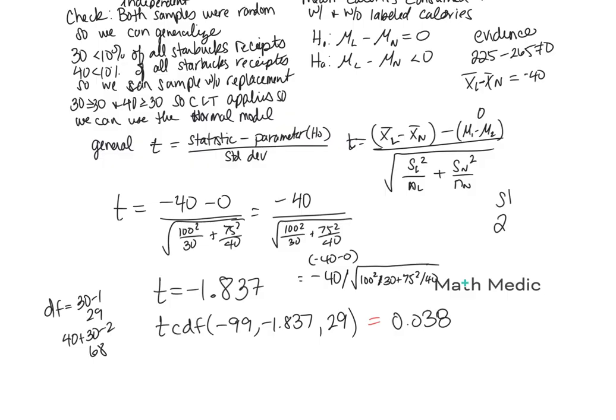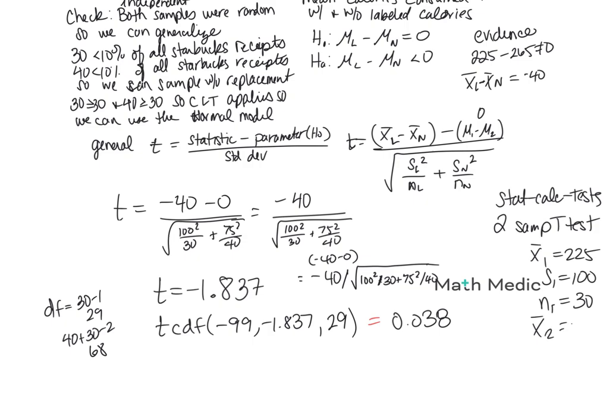Now you can check your work by going into the calculator. If we go stat, calc, tests, down to 2-SampTTest. It's going to ask for x bar 1, that's the first mean, S1, the first standard deviation. So x bar 1 would be 225. S1 would be 100. And n1 is 30. Your x bar 2 is 265.